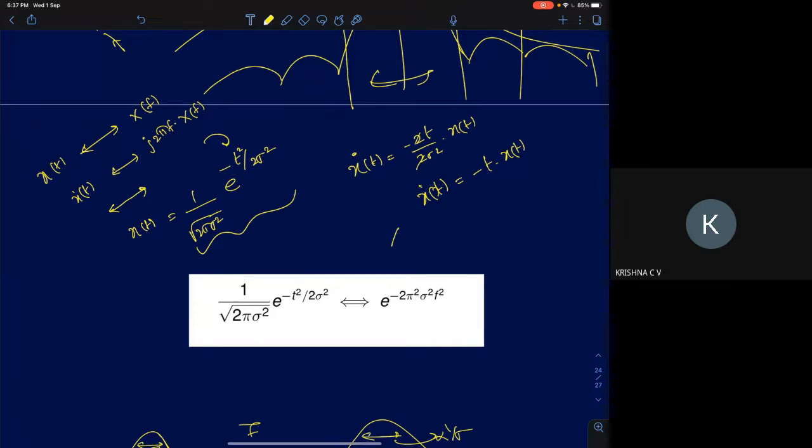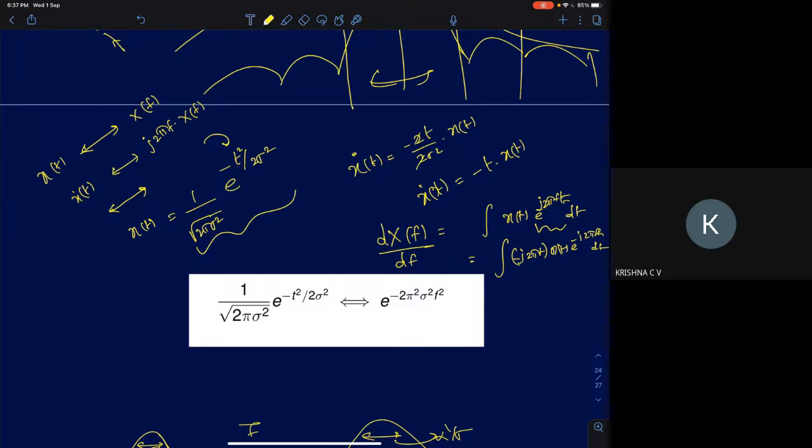Let x of f be given by the integral of x of t e power minus j omega t dt, or e power minus j 2 pi f t dt. If you differentiate this, d by df, you're differentiating with respect to f, so only this exponential term will undergo the differentiation. What you will get here is the integral of minus j 2 pi t into x of t into e power minus j 2 pi f t dt.